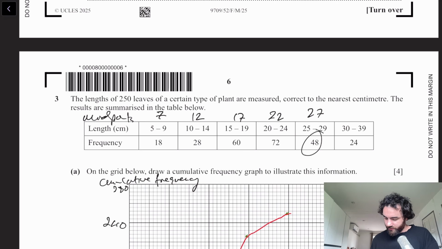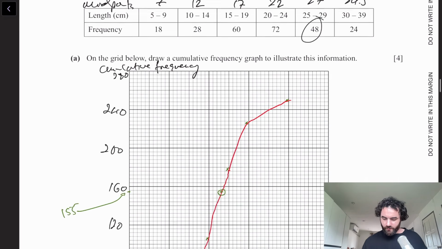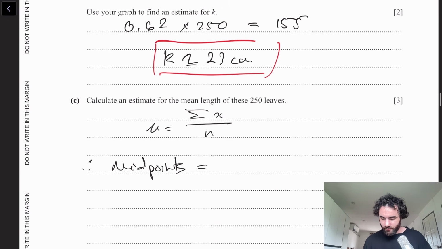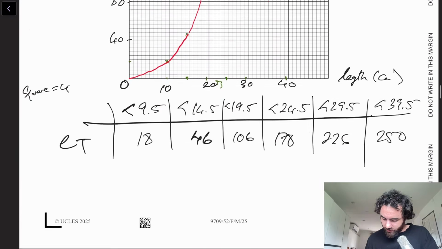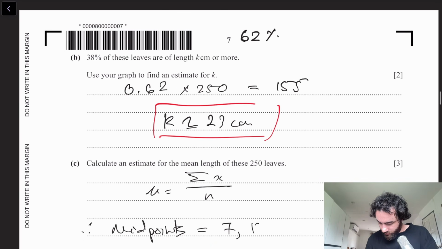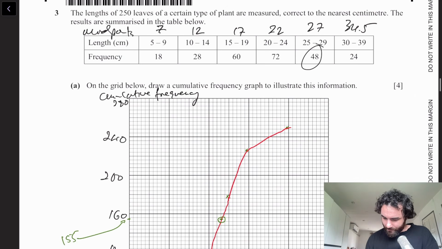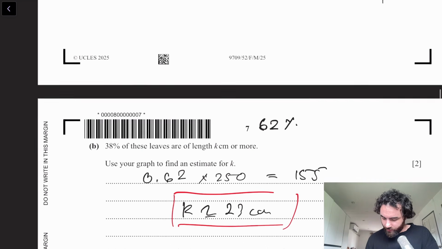And 30 plus 39 divided by 2 is 34.5. So our midpoints are 7, 12, 17, 22, 27, 34.5.